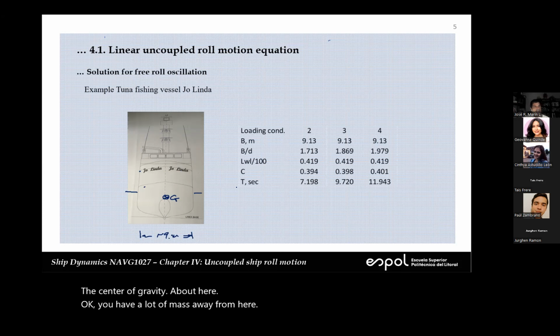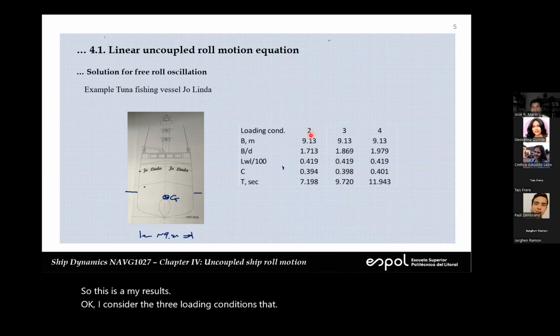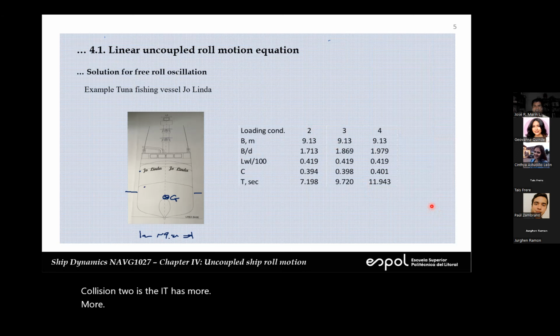These are my results. I considered the 3 loading conditions that they specify. Condition 2 has more weight and the GM is larger.